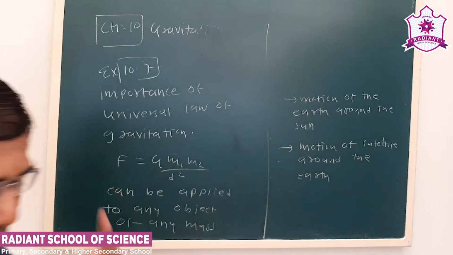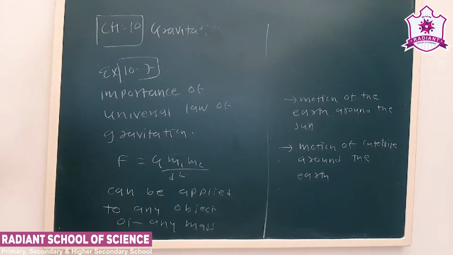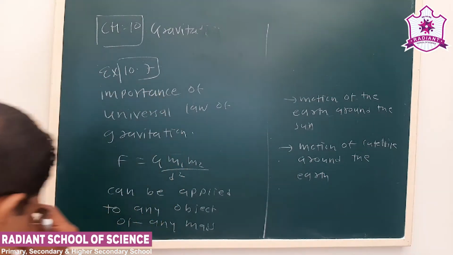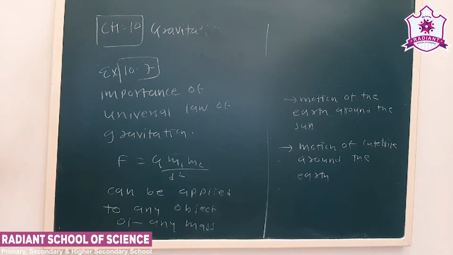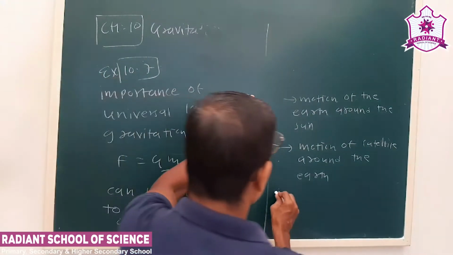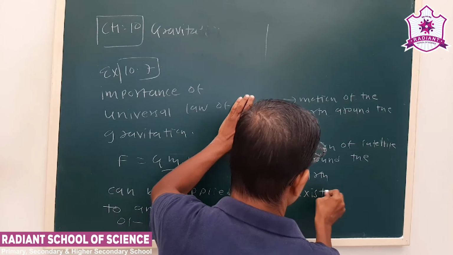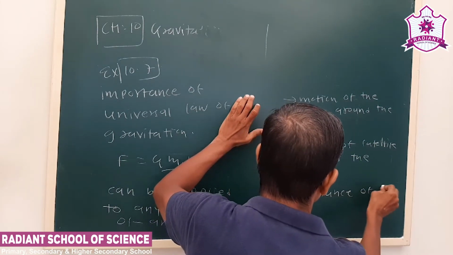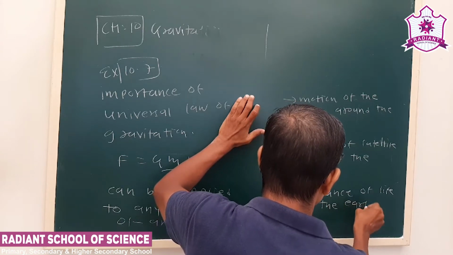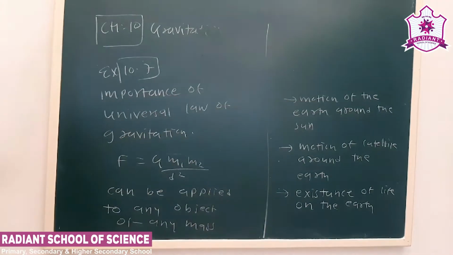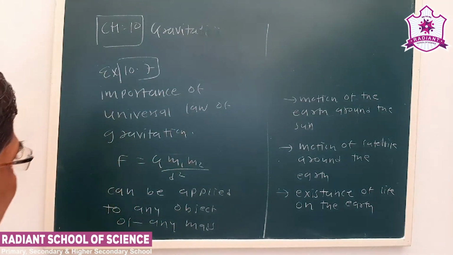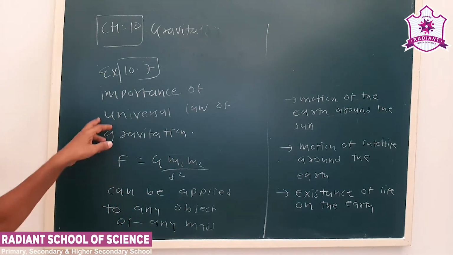Again, see the most basic existence of the earth, existence of the earth can also be explained, or existence of life. Okay, also explained by this law. That's why the law is very important.